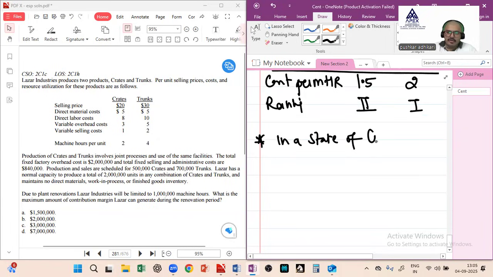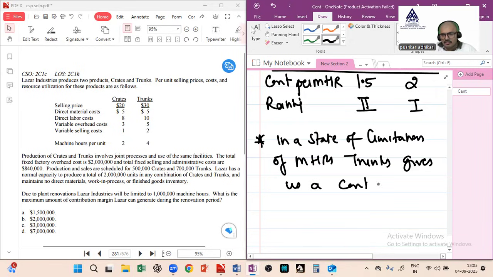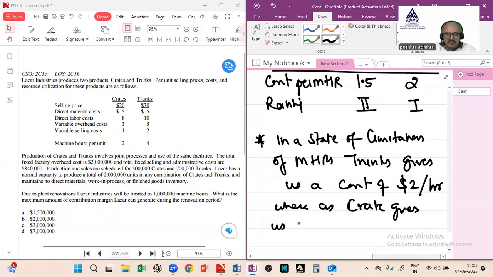In a state of limitation of machine hours, trunks give us a contribution of $2 per hour, whereas crate gives us a contribution of $1.5 per hour.